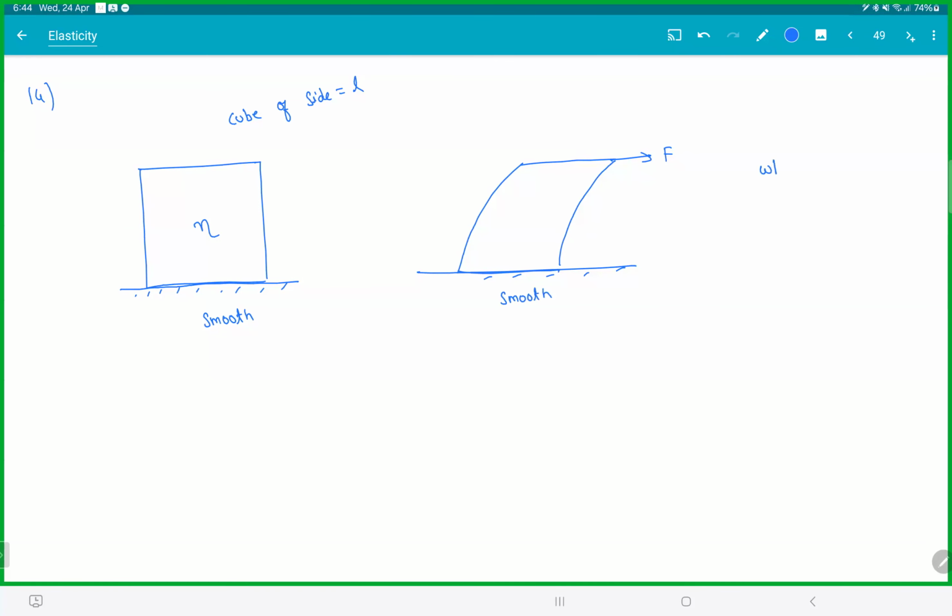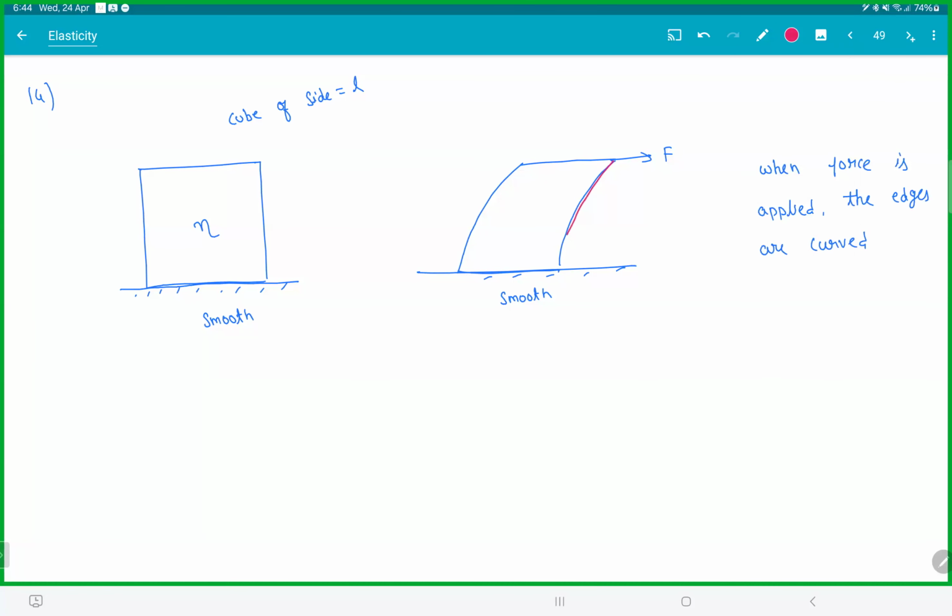So when a force is applied, the sides are curved. It won't be a line anymore, because the bottom is not fixed, it is free to move.